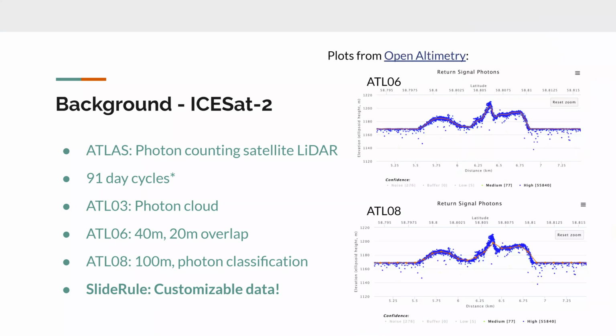And from this source called OpenAltimetry, these are just showing an example of some ICESat2 tracks, so you have a bit of an idea of what those look like. The orange line is showing the ATL06 elevations calculated from the photon cloud and the ATL08.